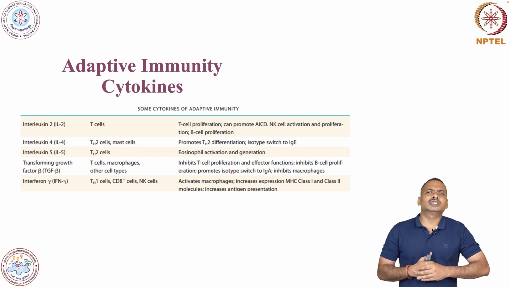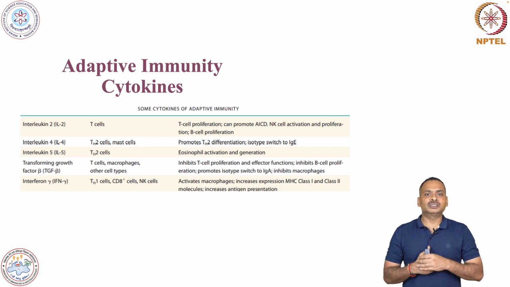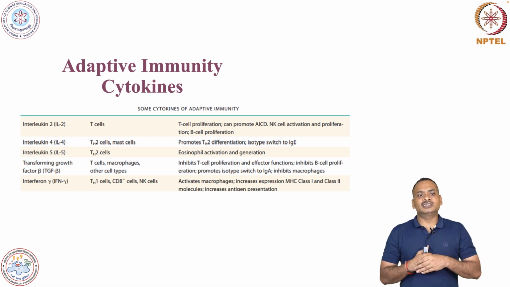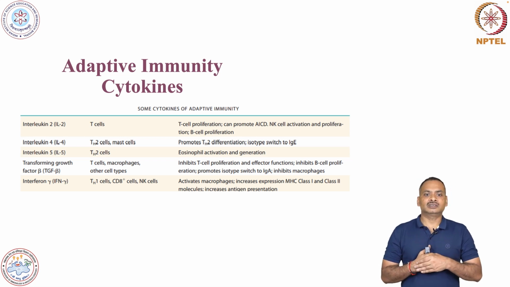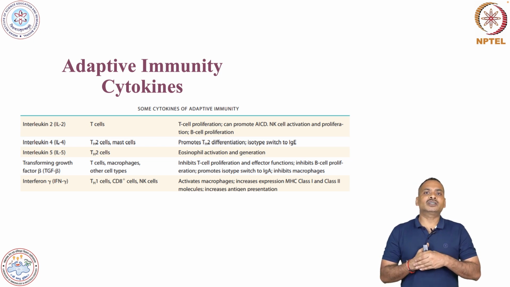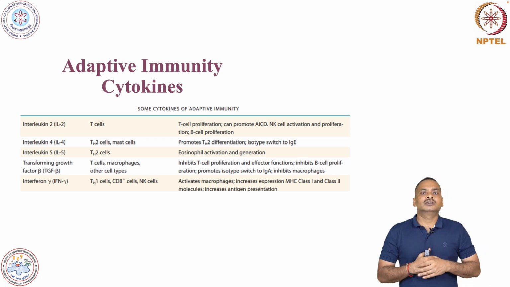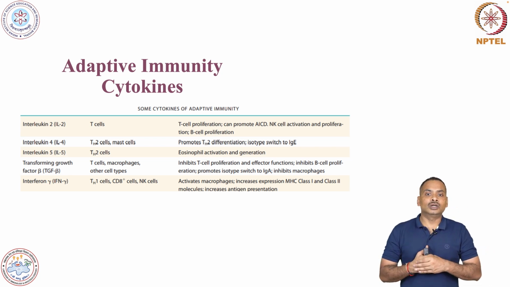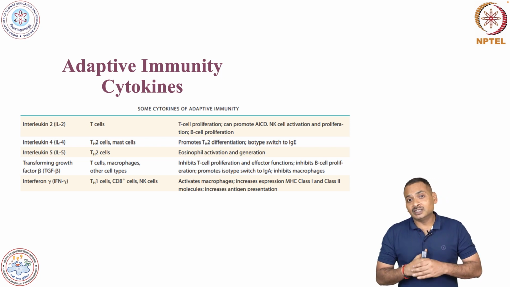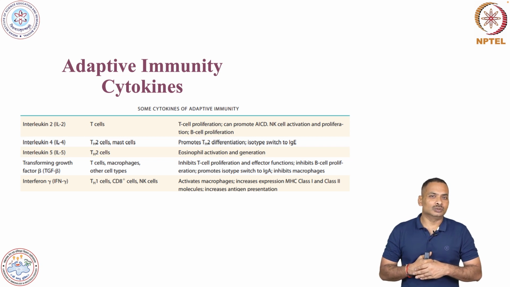Interferon gamma is basically produced by many activated adaptive immune cells like Th1 cells, CD8 T cells, natural killer cells. Okay. And basically they activate the macrophages and enhance the expression of MHC class 2 molecules as well as MHC class 1 molecules. In addition, they also enhance the expression of some adhesion molecules.